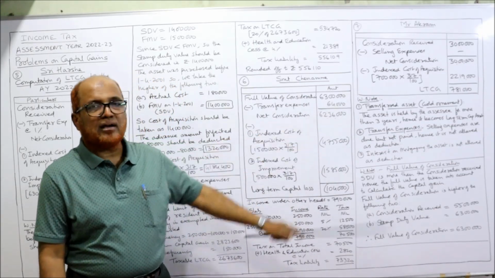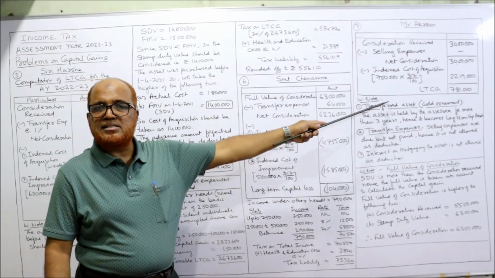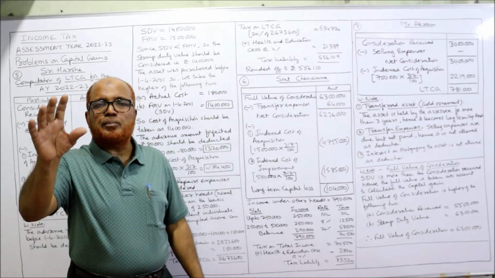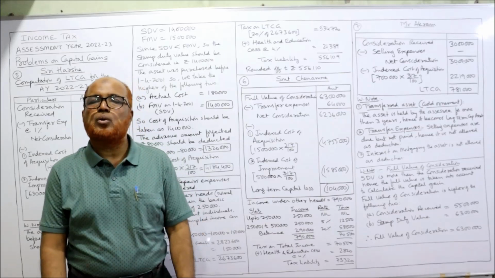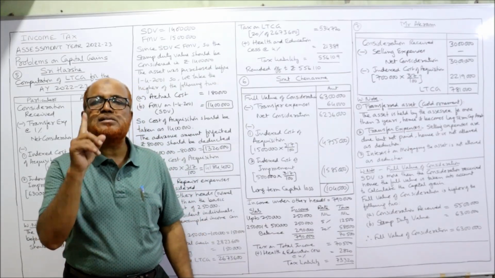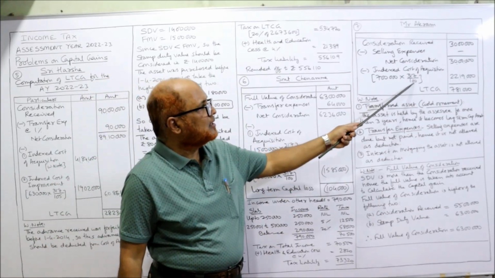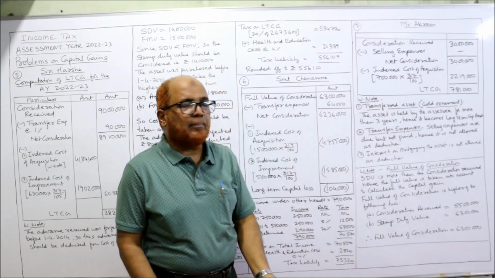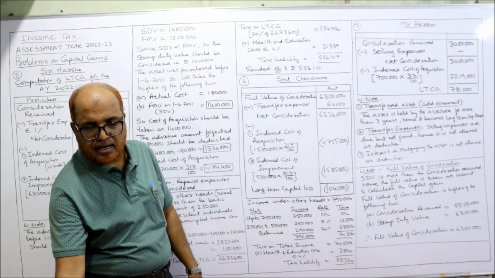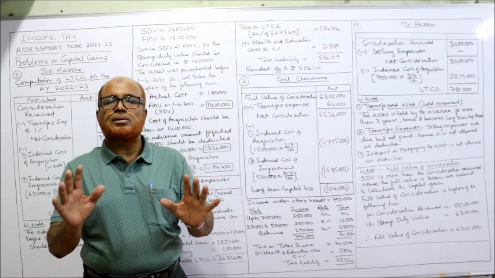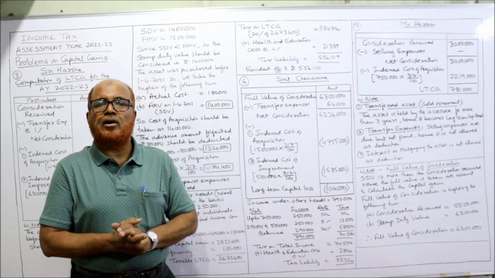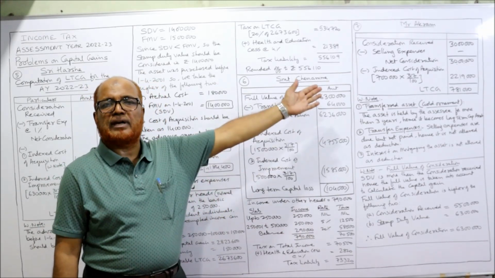Actual cost is 7 lakh. Current previous year index 317. And for any asset purchased before 1/4/2001, the index number is 100. So divide by 100. So 22,19,000, and the long-term capital gain is 7,81,000. So it is simply asking you to calculate long-term capital gain, and we have calculated.